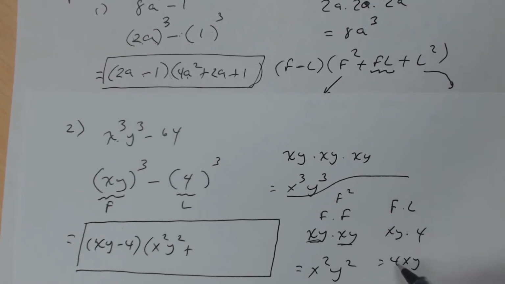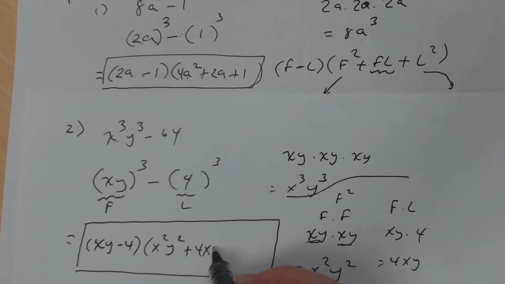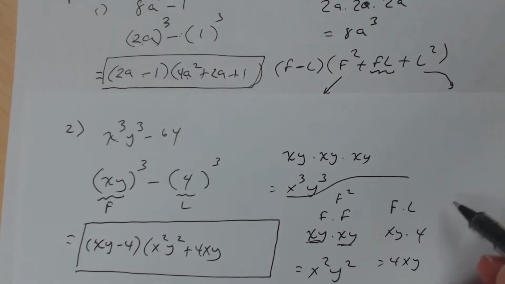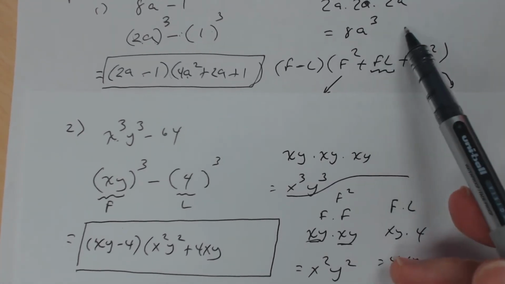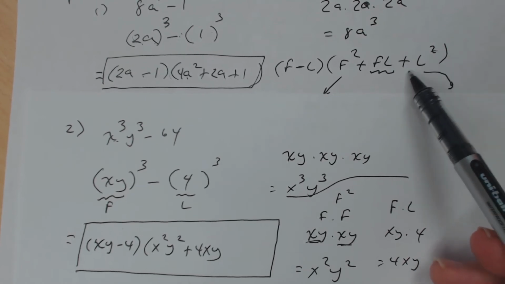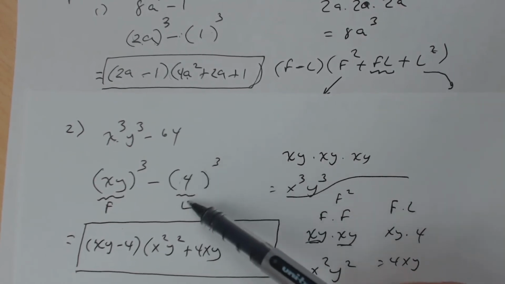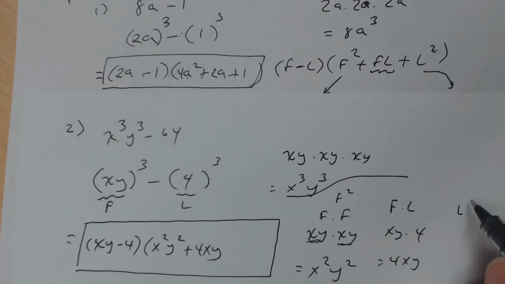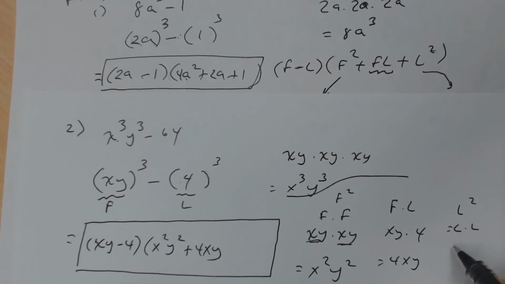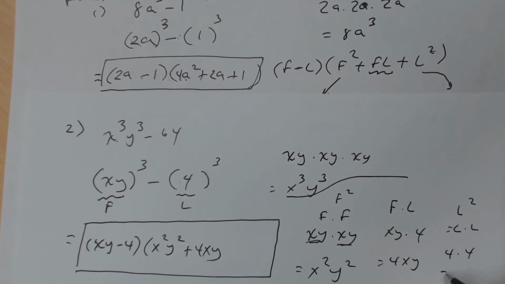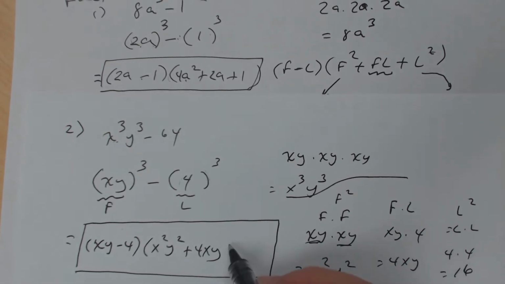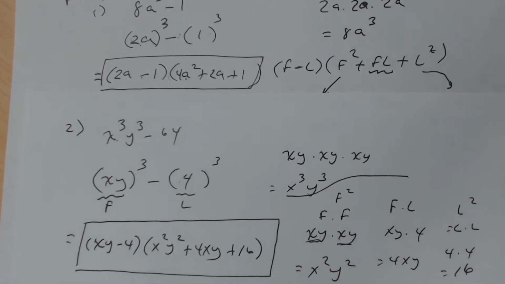So xy times 4 is 4xy, so that goes here. And then finally, this says I square the last term, which is 4. Now remember, L squared means L times L. So in this case, it's 4 times 4, which is 16. So that becomes plus 16, and there's your answer.